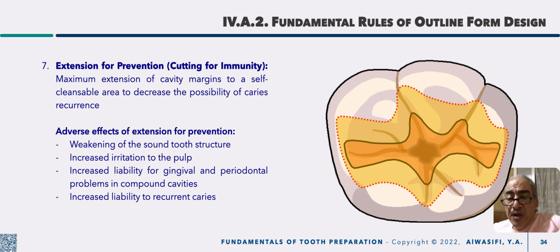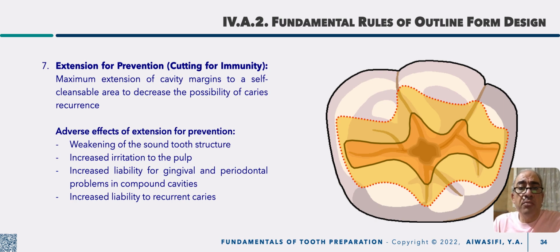This extension for prevention has adverse effects. Number one, you are weakening the tooth structure, and at the same time you are weakening the restoration, because the restoration surface area exposed to force, and its shearing force, will be increased.